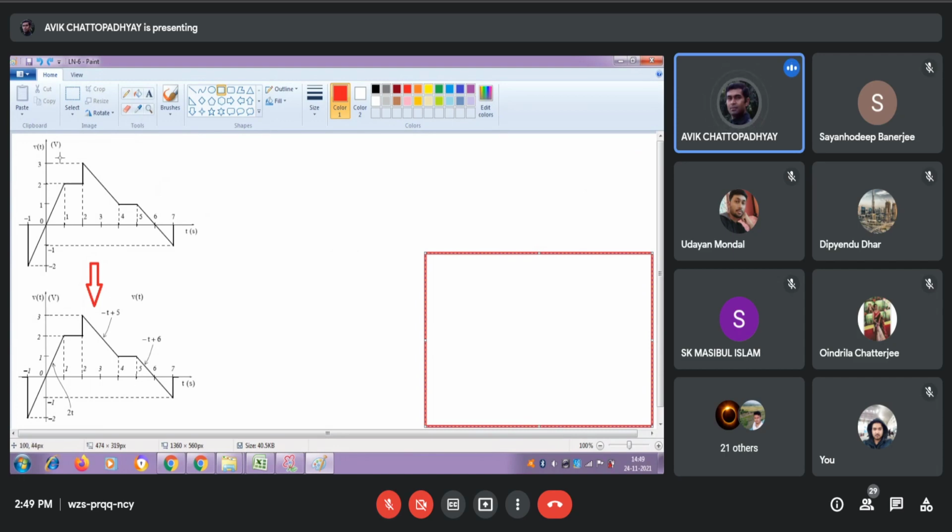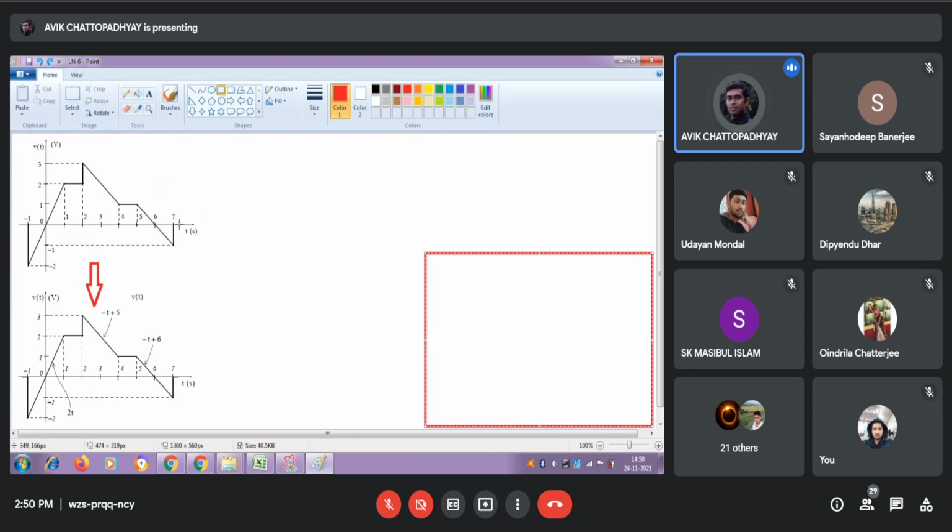Suppose it is V(t), defined as a function of time in seconds. Please note the unit is given here, and it is in volts. The interval is from -1 to +7. Please note carefully, -1 to +7. A typical complicated waveform is given.